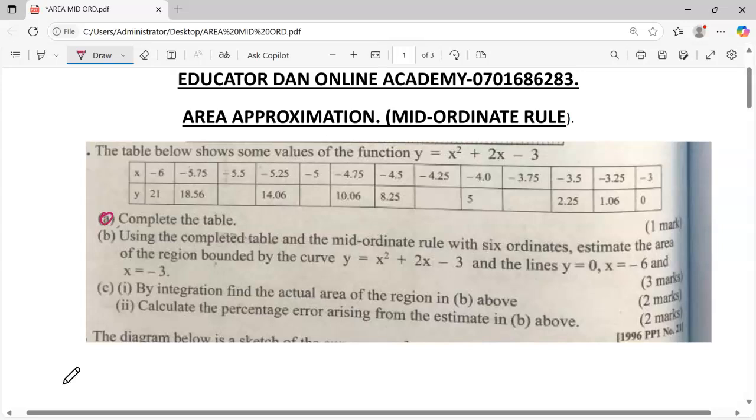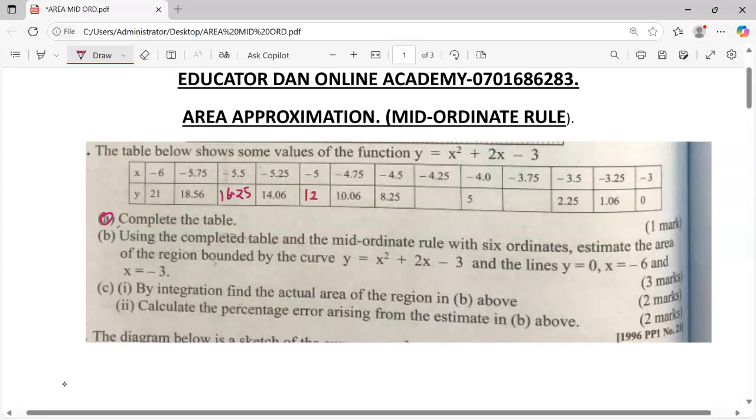Remember, when the value of x is negative 5.5, take that value back to the main function of y. The value of y at that point will be 16.25. When x is negative 5, y is positive 12.